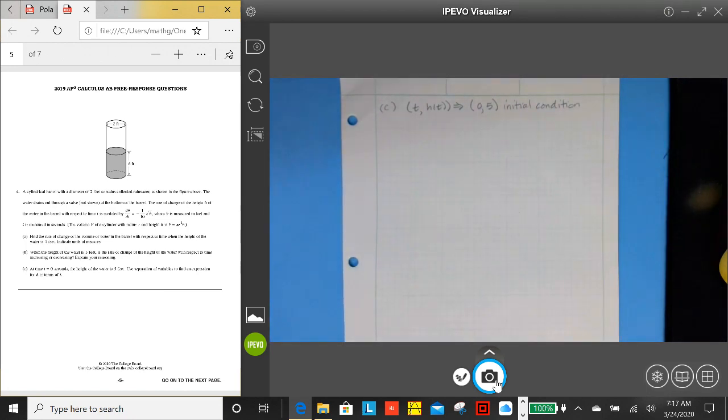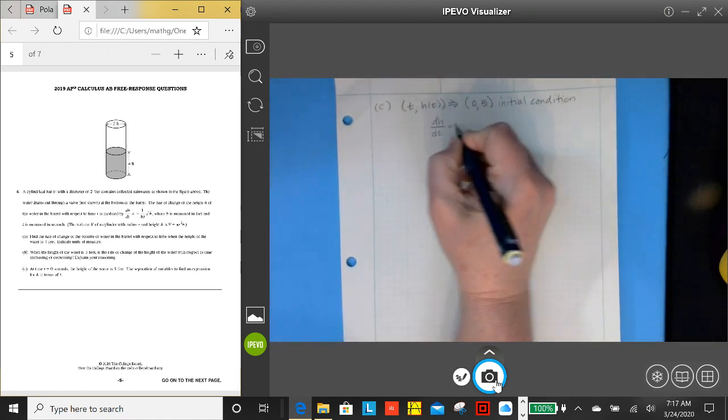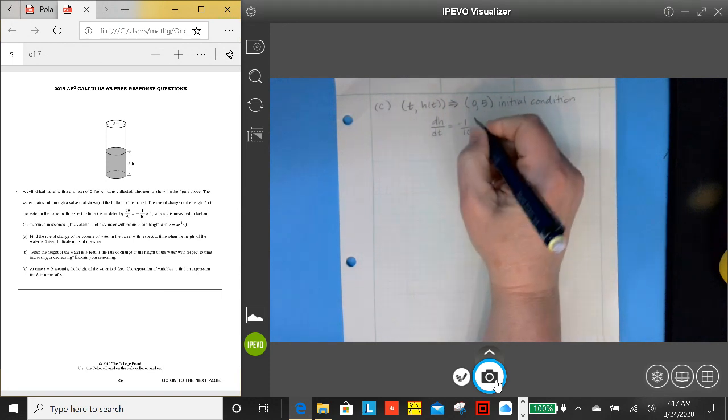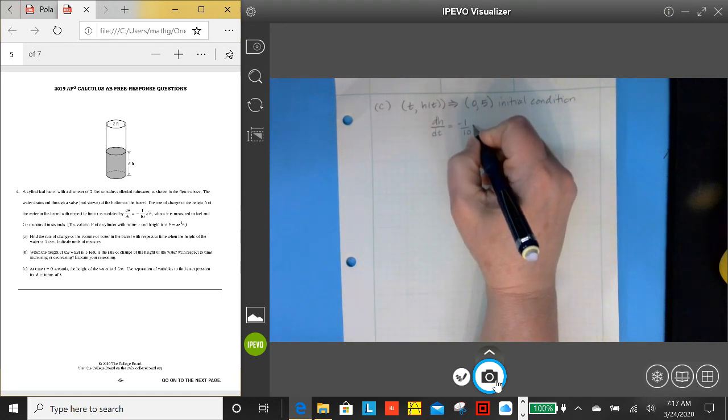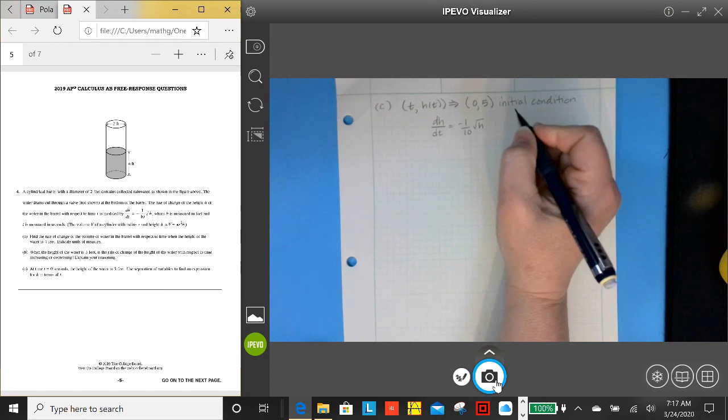All right, use separation of variables to find an expression for h in terms of t. So I'm going to take my differential equation, dH/dt equals -1/10 times square root of h, and I'm going to separate the variables.